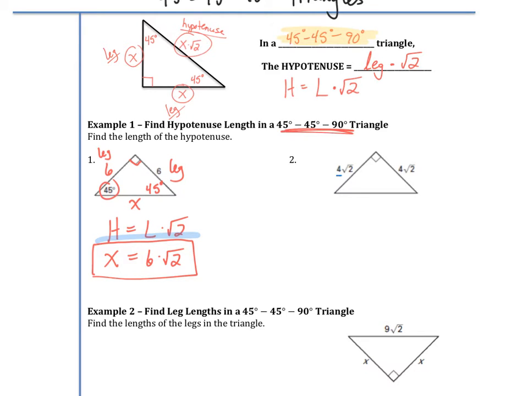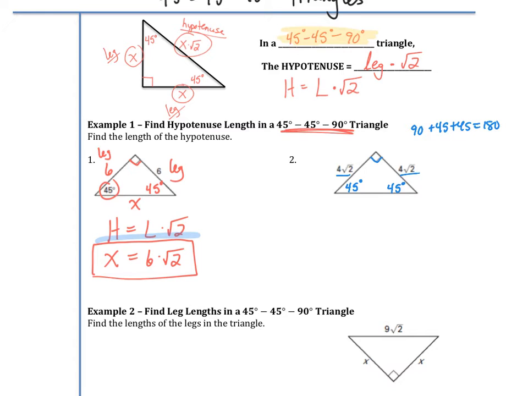In number 2, you can see that two of these side lengths are the same. So that means that the opposite angles also have to be the same. So the opposite angles would be 45, again, because 90 degrees plus 45 plus 45 equals 180.